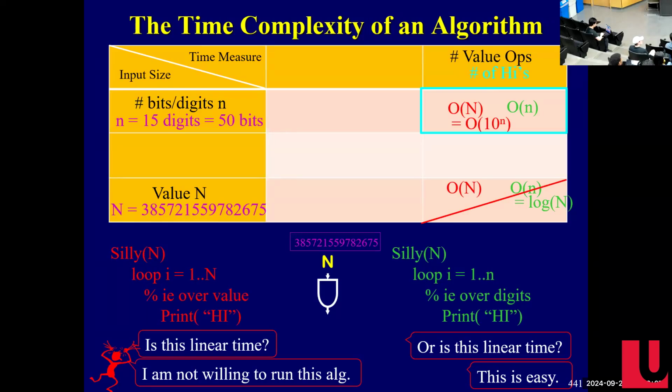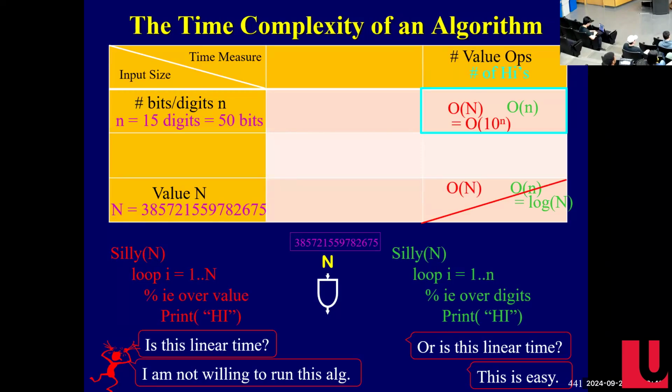Linear time, in my opinion, is the time it takes to look at the input. If all you do is read the input and know the answer, then that's linear time. That's what we're doing in the green algorithm. It's simply the time it takes to have examined the input.